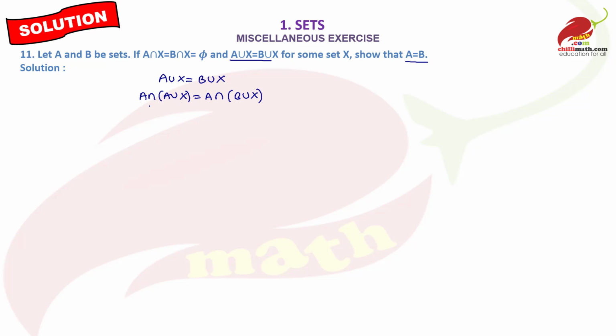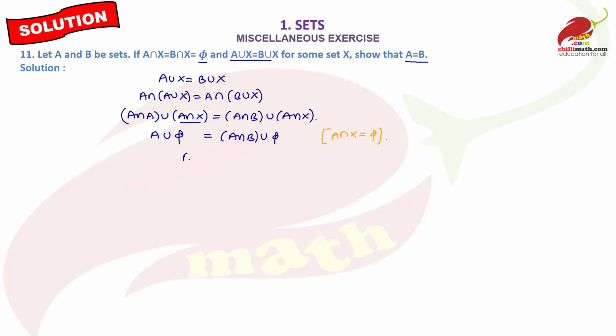Using the distributive law, this is (A intersection A) union (A intersection X) is equal to (A intersection B) union (A intersection X). A intersection A is A, union A intersection X is phi. This is (A intersection B) union (A intersection X) is phi. We mention over here A intersection X is phi.